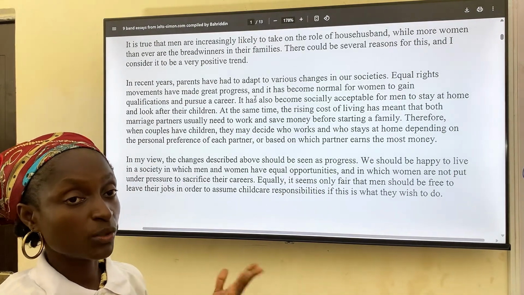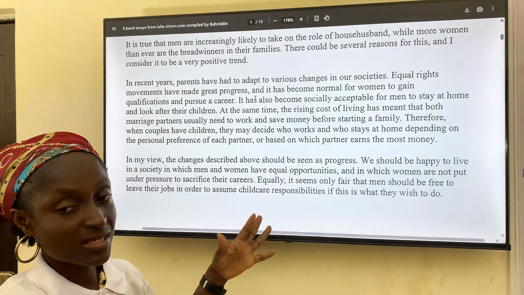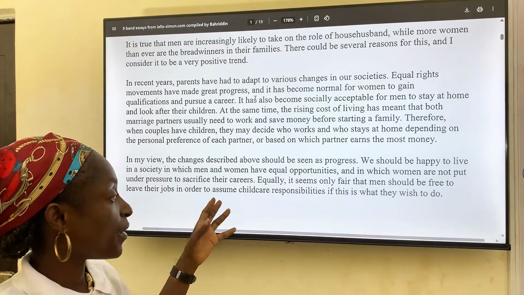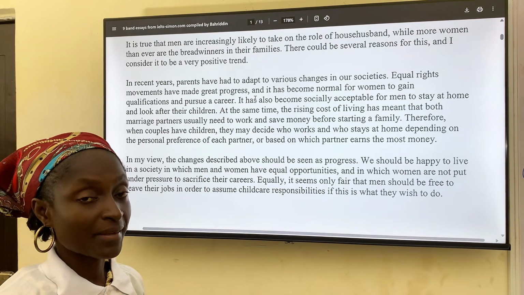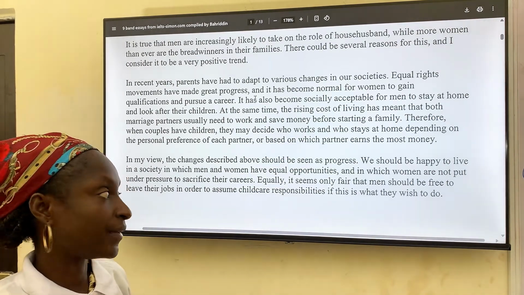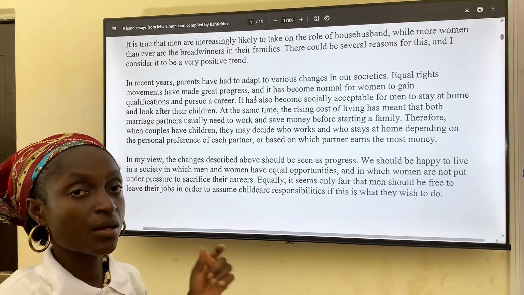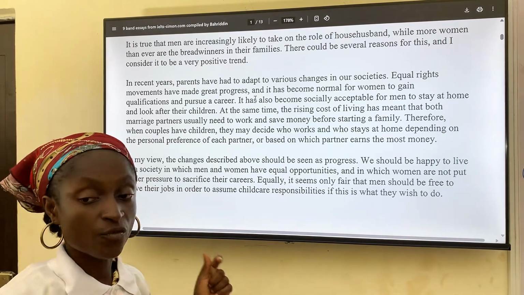So that's the second paragraph, whereby the writers agree that it is a positive trend and it should be seen as progress or a progressive move.